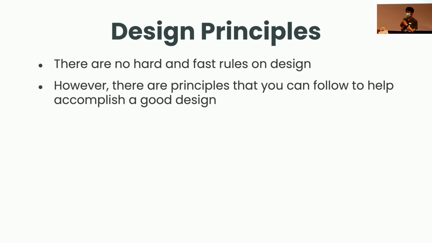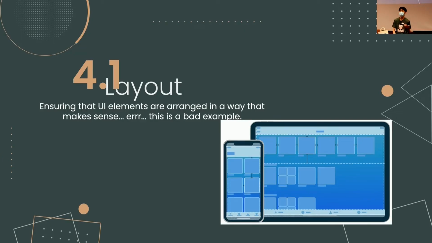So then there are these design principles. So take note that there are no hard and fast rules on design. I mean, these are all just a bunch of guidelines that you can follow. You can choose not to follow them, but these are things that will help you accomplish a good design. So the first one is layout. Yes.